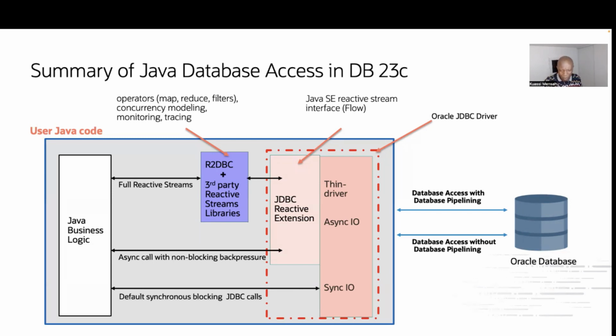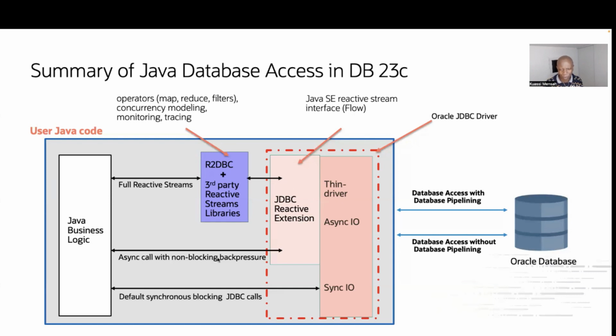From the bottom to the top, we are using the synchronous blocking JDBC call. That's the traditional vanilla JDBC synchronous call, right? So that's familiar. A little bit higher here, we are using the async call with non-blocking back pressure. That's the reactive extension. It's an implementation of the Flow interface, which is the Reactive Streams interface, right?